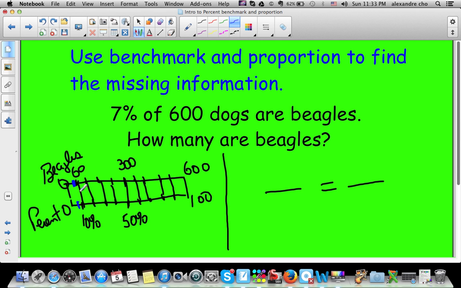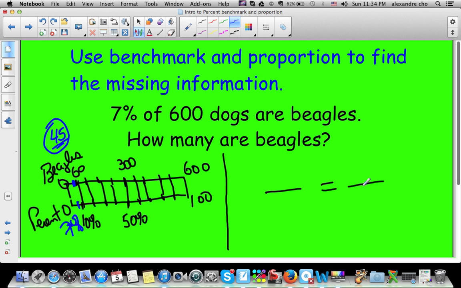So a little less than 60, because 10% is 60 dogs. 7% would be about, I don't know, 45. Okay, so let's just choose 45. So 7%, it's about 45 dogs. So if you said 7% of 600 means about 45 dogs.